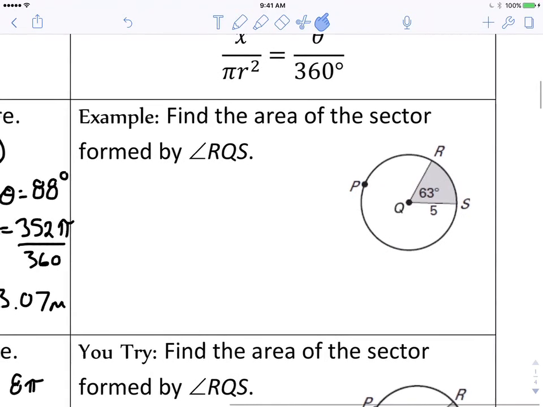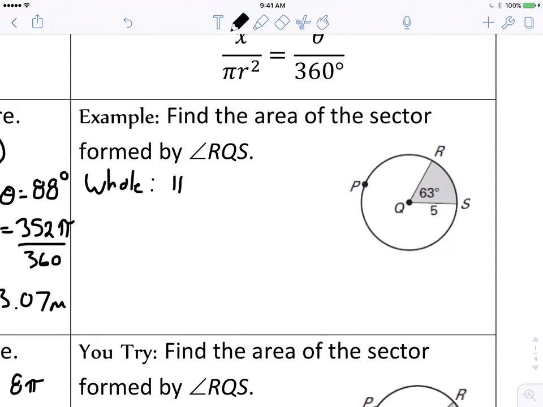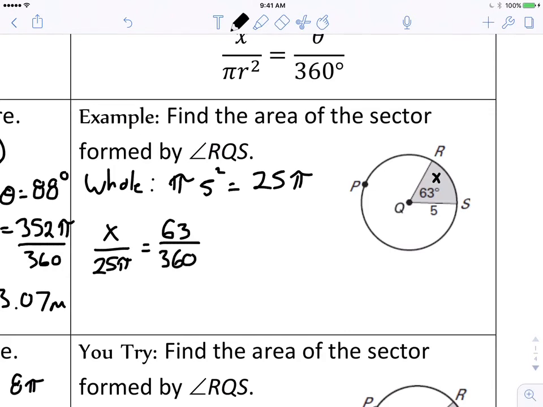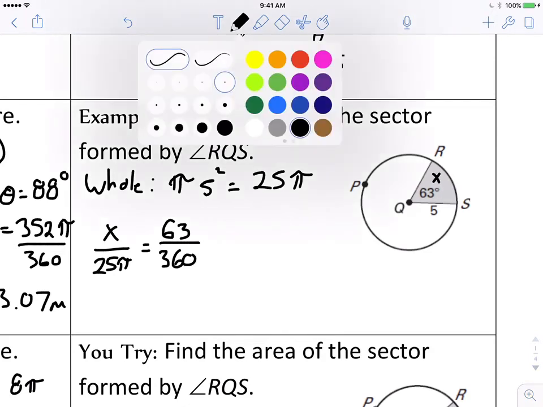So let's try an area problem. Again, I'm going to find the area of the whole. The radius in this situation is 5, so it'll be pi times 5 squared, which is 25 pi. Now we're trying to find the part, so I will label this one as my x. X over 25 pi, part over whole, that ratio should be equal to our angle measure in this situation, 63 over 360 degrees. Again, we'll cross multiply.